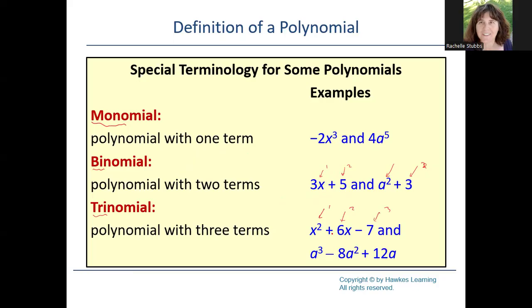And in between each term will be either a plus or a minus sign. Here's another example of term 1, term 2, term 3. Notice that they are in what we call descending order. The exponents get smaller: 3, 2, 1. Remember, if there's nothing written, there is a 1.